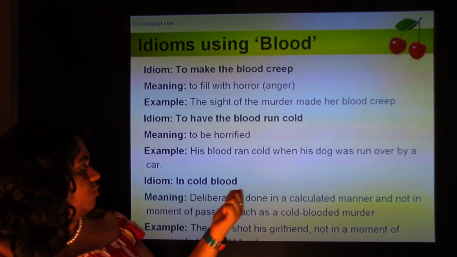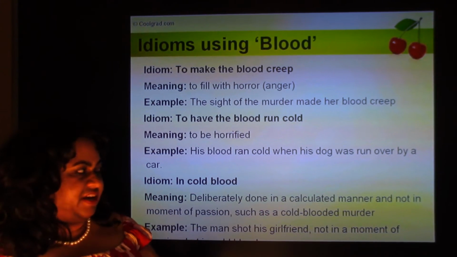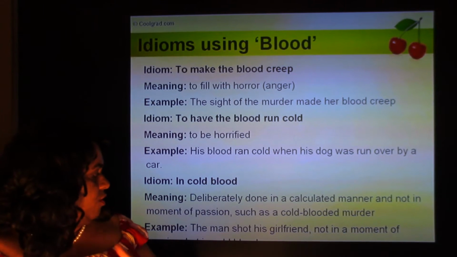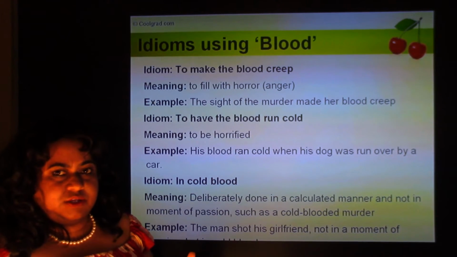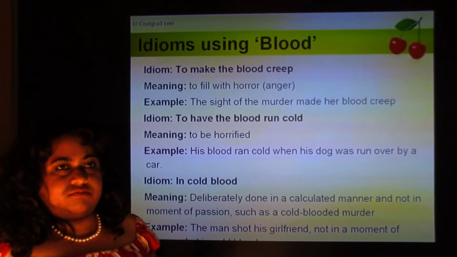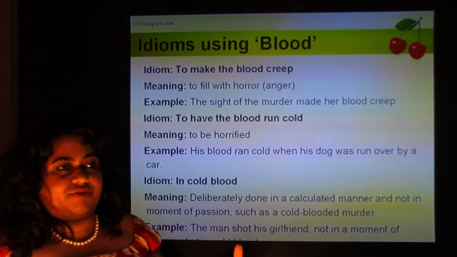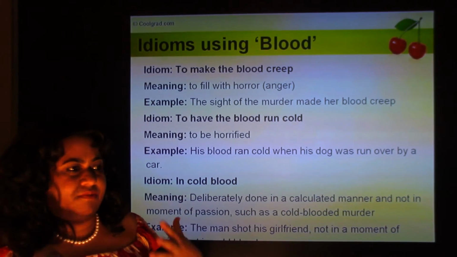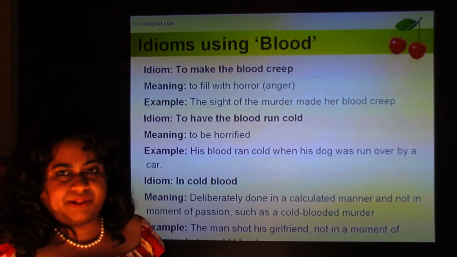In cold blood means deliberately done in a calculated manner and not in a moment of passion, such as a cold-blooded murder. It's not like in a moment of heated arguments or when you see your girlfriend with some other man, and in the moment of anger you just do it impulsively.